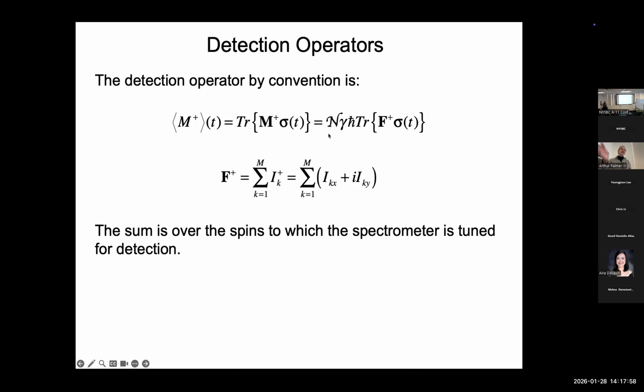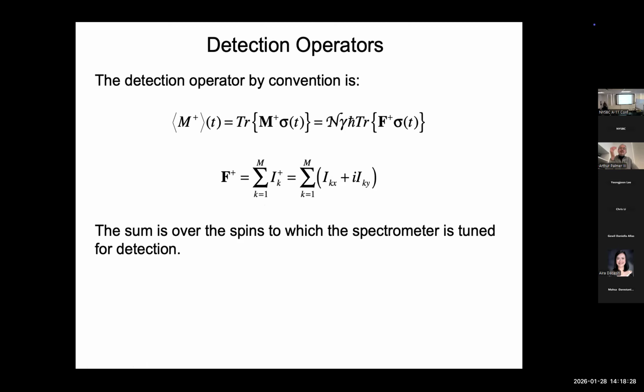M plus, going back towards the beginning, depends on the number of spins that we have, gamma, H bar. And then F plus here is defined as the sum of I plus for the different types of spins that we have, because we may be detecting methyls and amides. We have to keep track of this separately.